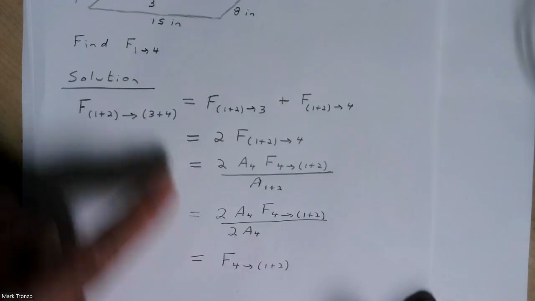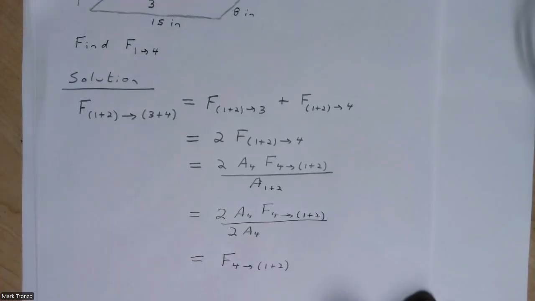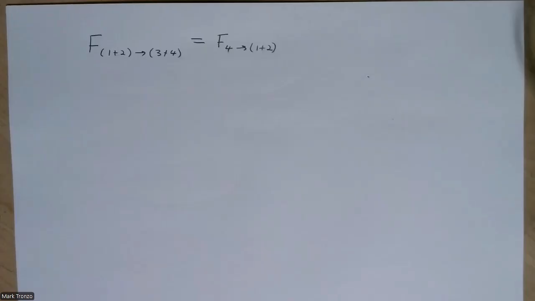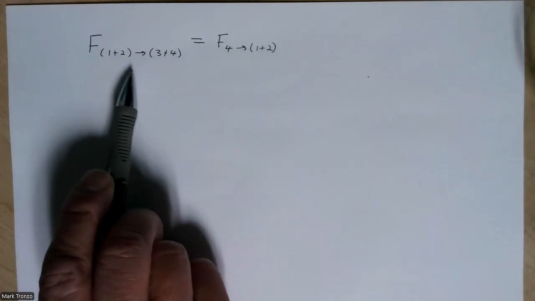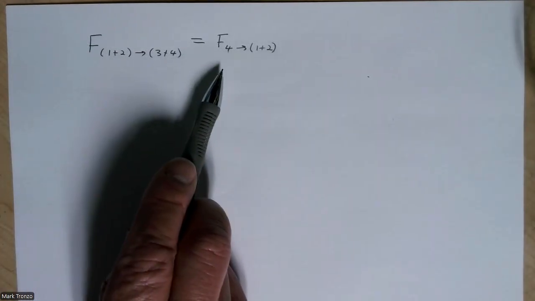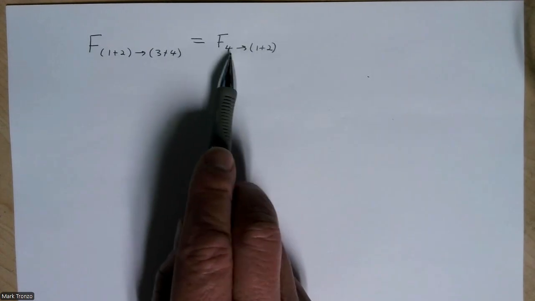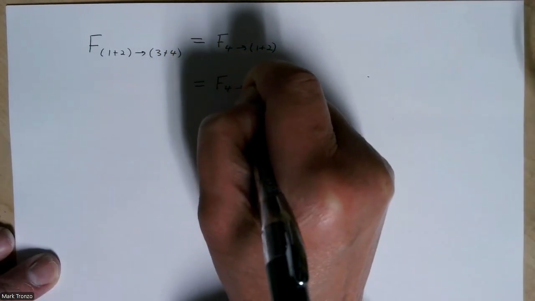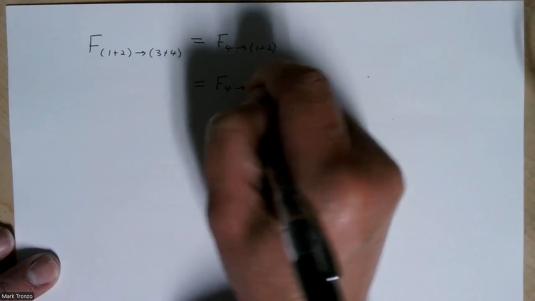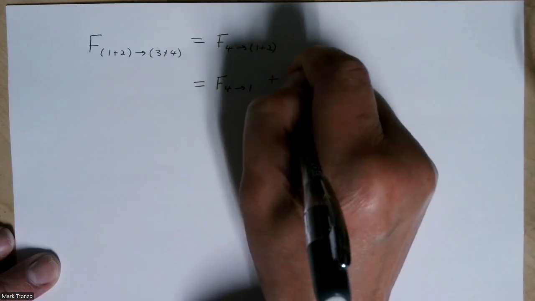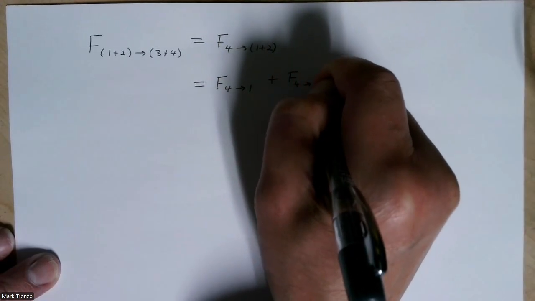So now what do we have? That this is equal to this. So writing down, we just found this relationship. And now on the right-hand side, we can use decomposition over here. And so that's going to be the same as F4 to 1 and F4 to 2.